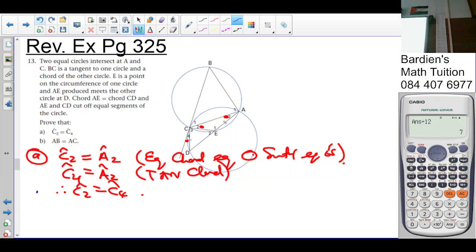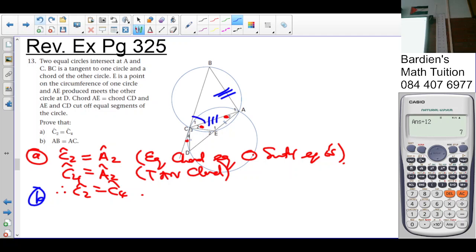In question B, we are asked to prove that AB is equal to AC. Under what condition would that have been equal?